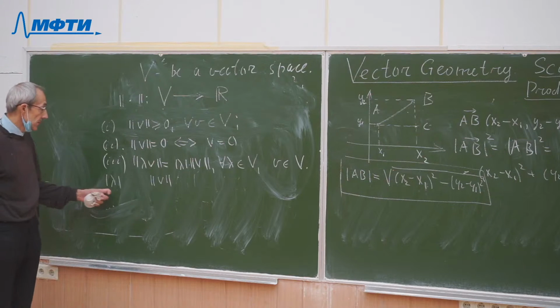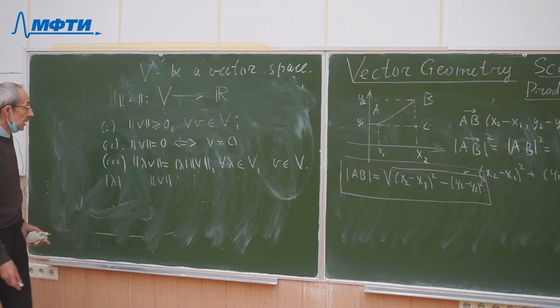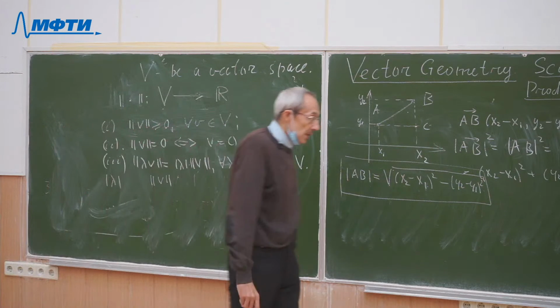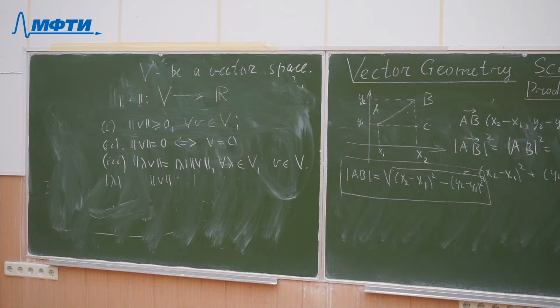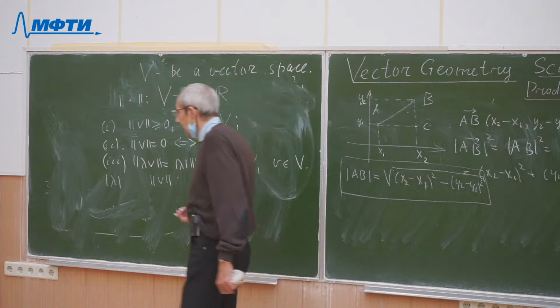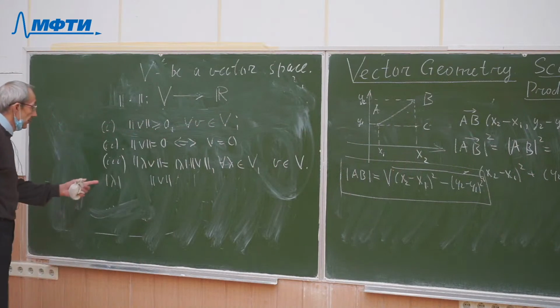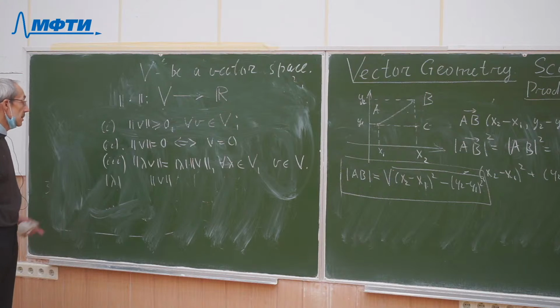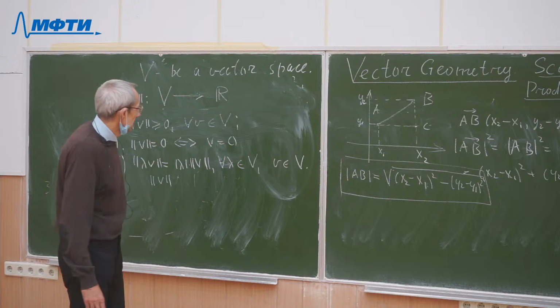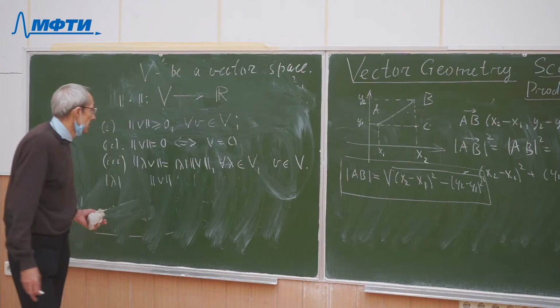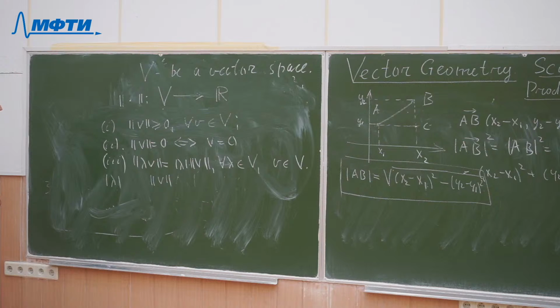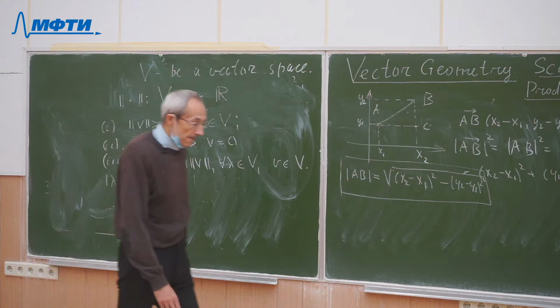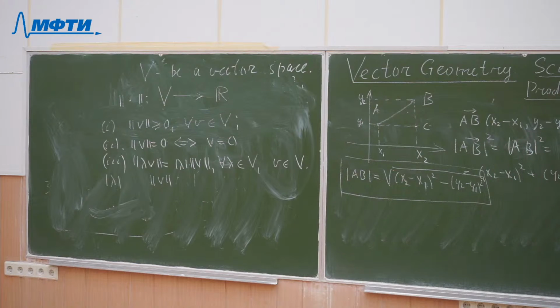But this notion, the norm of a real number and the norm of vectors, is a partial case of some general notion of norm. The absolute value of numbers is a partial case of the norm of a vector, and we can use the same notation for both of these constructions.